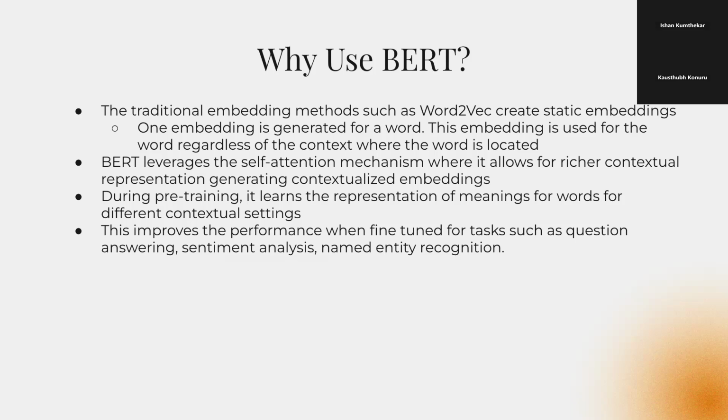So BERT uses the self-attention mechanism, which allows for richer contextual representation to generate these contextualized embeddings. During pre-training, it learns the representation of meanings for words in different contextual settings. And this will improve the performance when fine-tuned for tasks such as question answering, sentiment analysis, and named entity recognition.